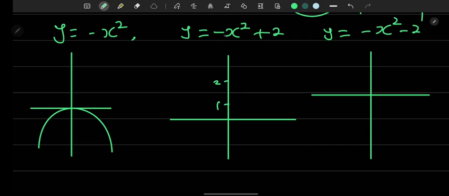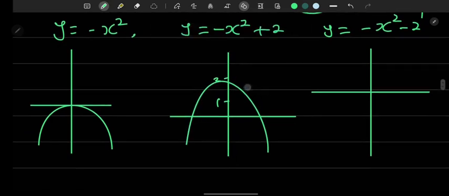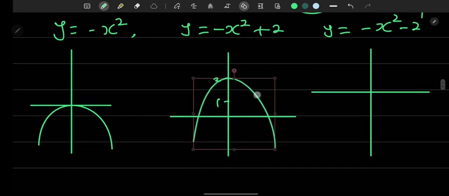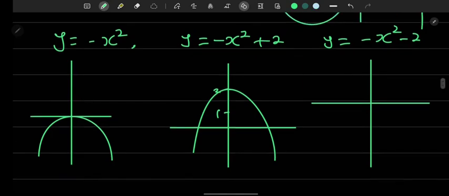Because you have a negative here, which is minus x squared, this opens down. Then for minus x squared minus 2, what that means is 2 units below the x-axis, 1, 2.